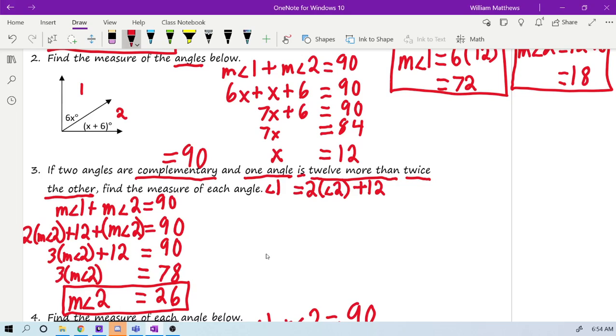Now we can go back to the original and plug in our known value. The measure of angle 1 plus, instead of the measure of angle 2, we now know that it's 26, and this will equal 90 degrees.